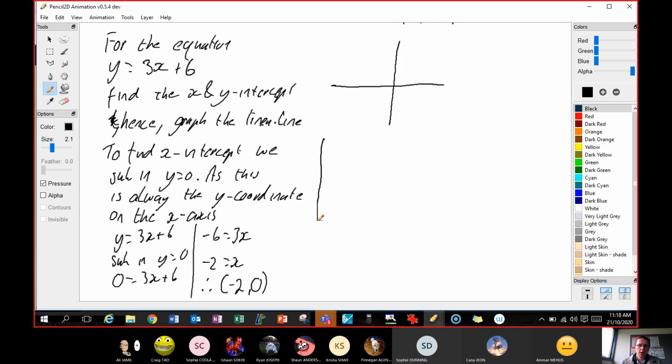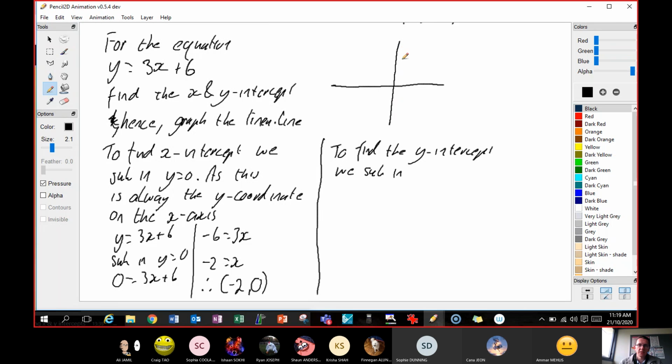Now I'm just going to continue my writing over here. And I wouldn't normally write this. I would just literally write this part mathematically. This is just an explanation for you guys. To find the y-intercept, we sub in. Think about the y-intercept. It's along here. Where does it intercept?